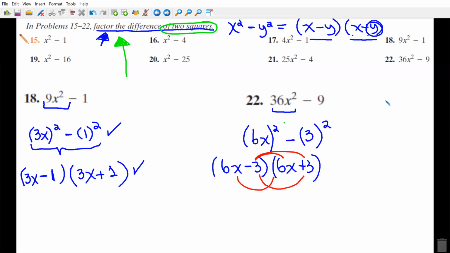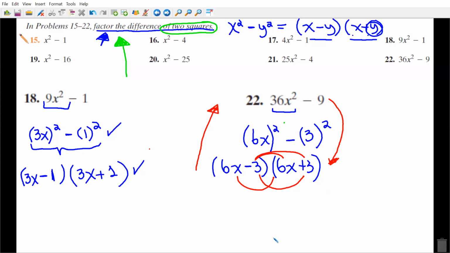But I am not going from this way to this way. What I'm doing is I am factoring. I'm going this way. Okay? Teacher.